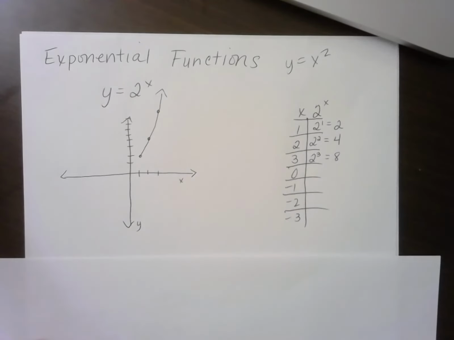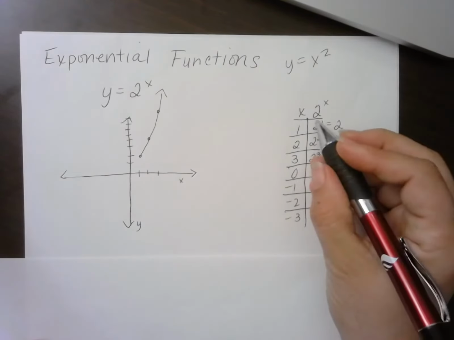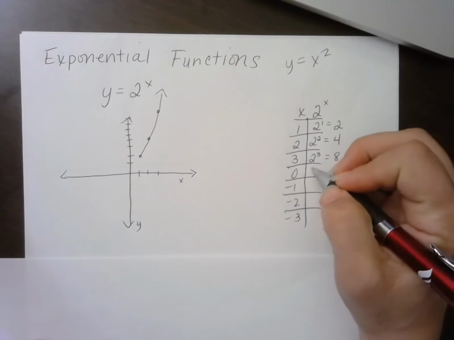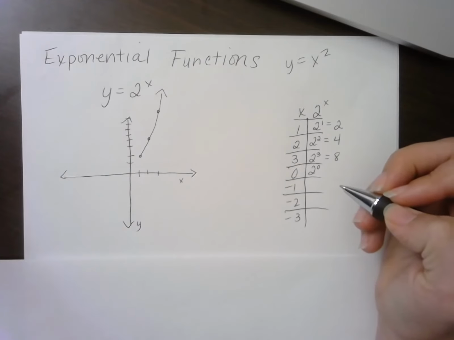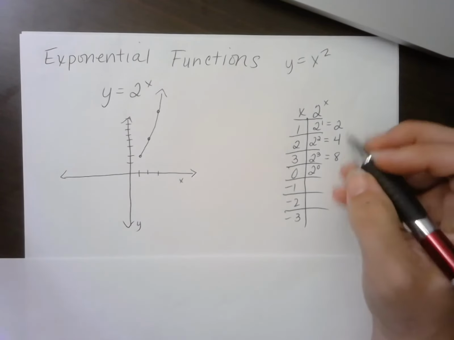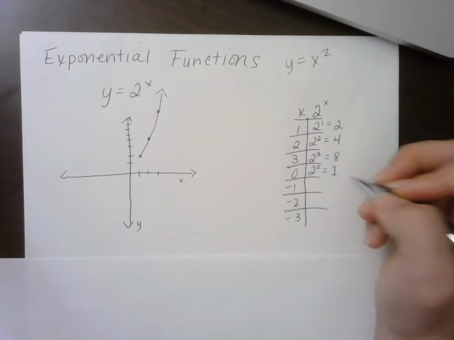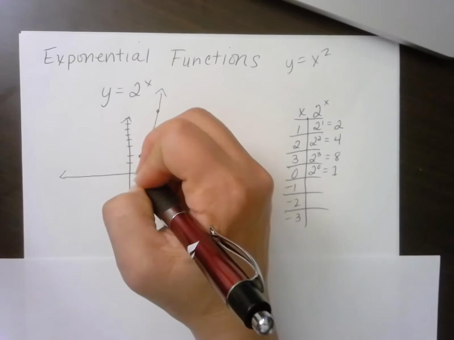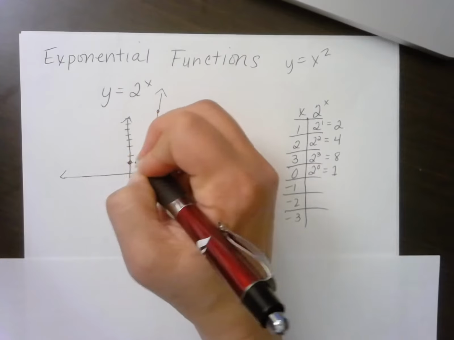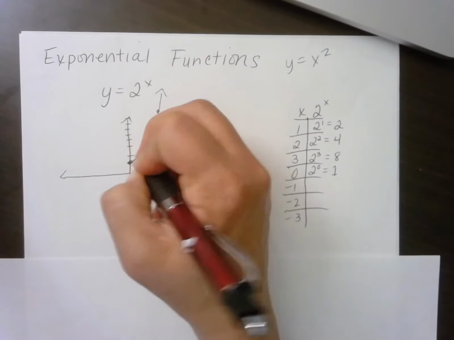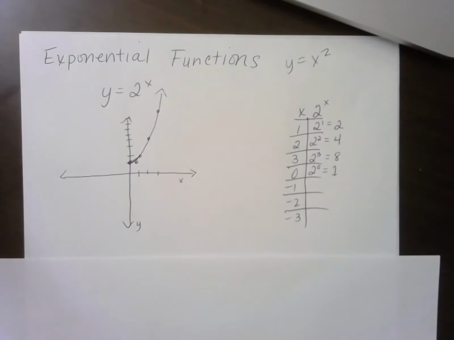Now we come to the 0, and I put in 0, and I get 2 to the 0. If you check out your calculator, any number to the 0 power is always equal to 1. So I have the point (0, 1) here. We'll connect it here.